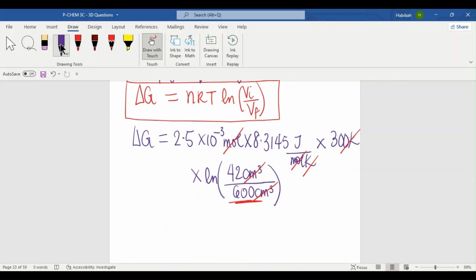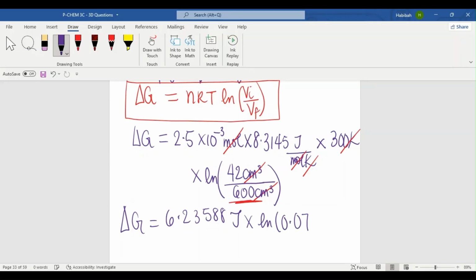So the change in G is just 2.5 times 10 to the power negative 3 times 8.3145 times 300 times ln 42 divided by 600. We end up with 6.2358 joules times ln of 42 divided by 600, which is simply 0.07.